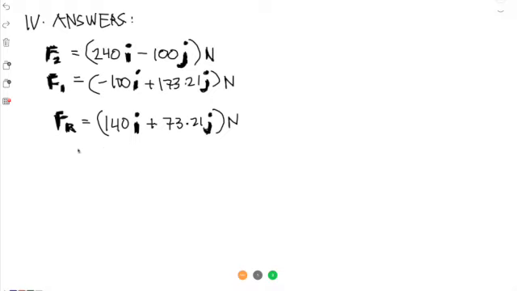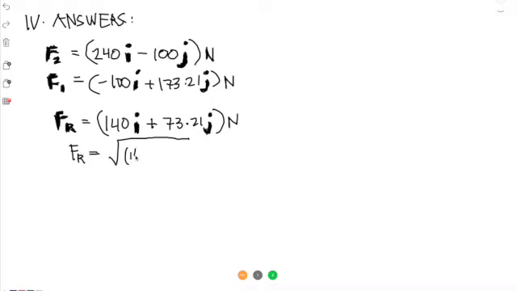So this is your resultant for these two force vectors, and let's also try to find the magnitude of this. Again, this is not really asked in the problem, but for the sake of illustration, I just want to show you how to do it. We have 140, that would be the square root of the sum of their squares.